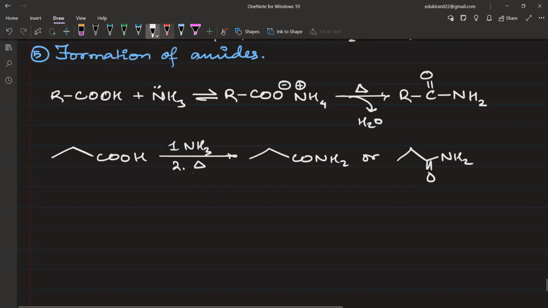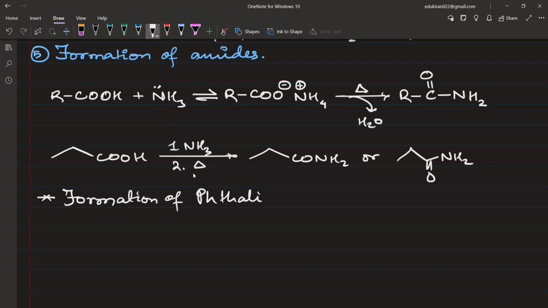One important reaction is the formation of phthalimide. Please write. We take a benzene ring with 2 carboxylic acids in the ortho position and react this with ammonia.